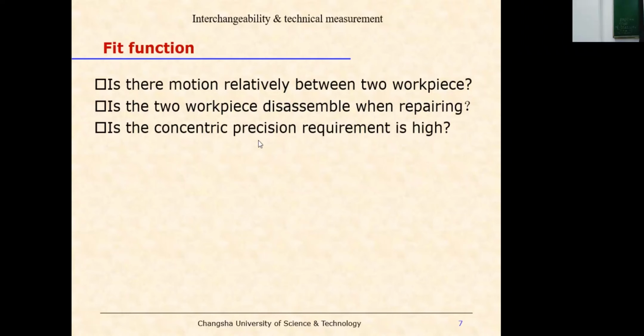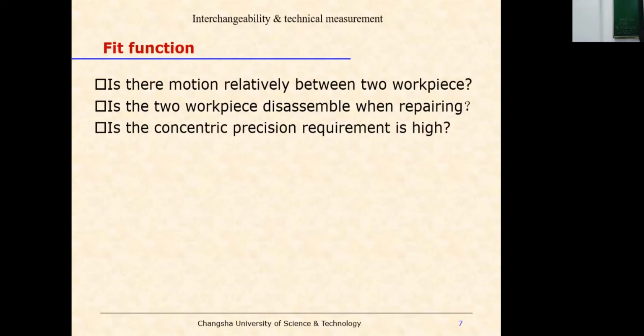If the concentricity requirement is higher, there's no clearance, right? It can have a higher concentricity, right?